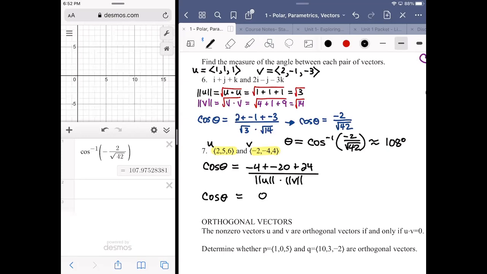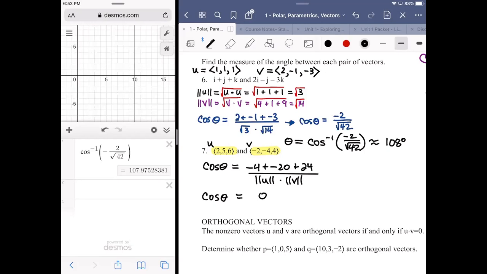There's an exception to that relationship, and that is if the bottom's also equal to 0, then it's indeterminate. So you wouldn't be able to find the angle between two vectors. But in order for the denominator to be equal to 0, the magnitude of at least one of the vectors would have to be equal to 0, which means that one of the vectors doesn't really exist.